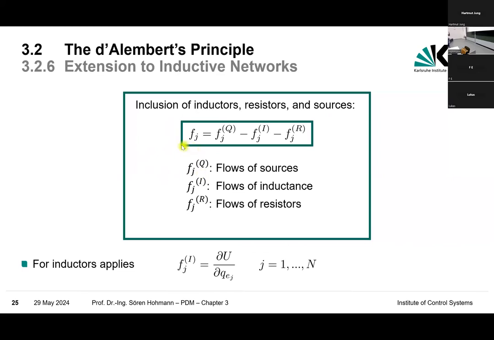We can say every external flow can be separated into three parts: the sources, inductors, and resistors. That's it. Then we try to describe the flows coming from inductors or inductances, and resistors have to be described.